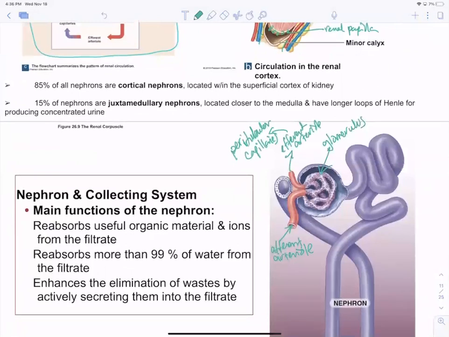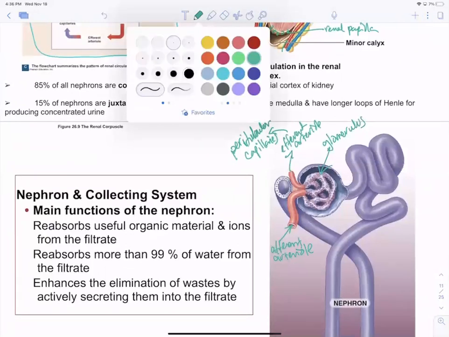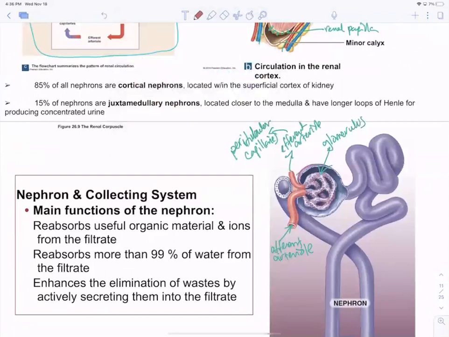So the glomerulus is surrounded by this kind of fibrous capsule, and that's called Bowman's capsule or the renal capsule. And that renal capsule will then narrow and become what is called the proximal convoluted tubule.